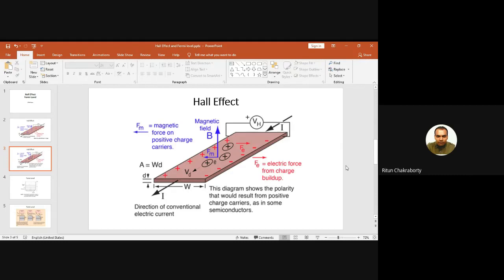The left-hand side of equation 2 is equal to 0 when you consider the steady state of the charge carrier. Steady state means it is moving with some constant velocity. The Vx, Vy, Vz component values can be found from the vector cross product.